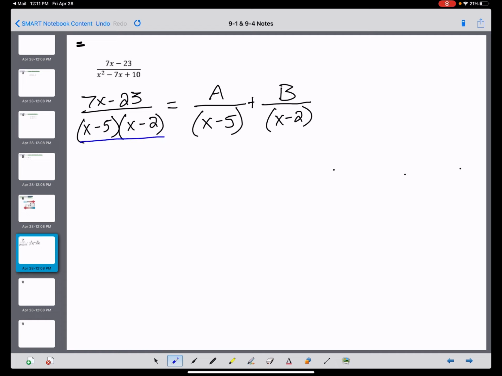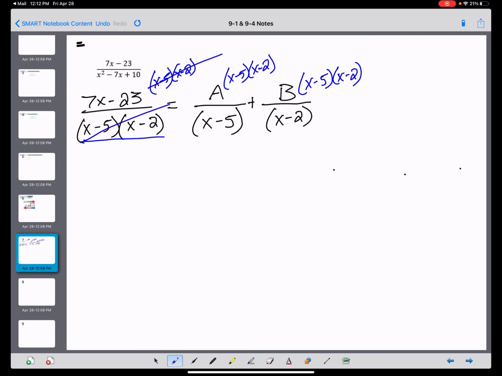So if I multiply everything by that LCD, watch what happens. x minus 5 times x minus 2 on each term.